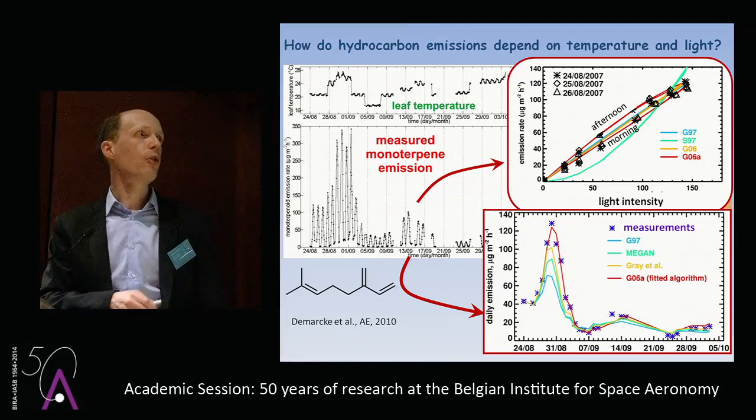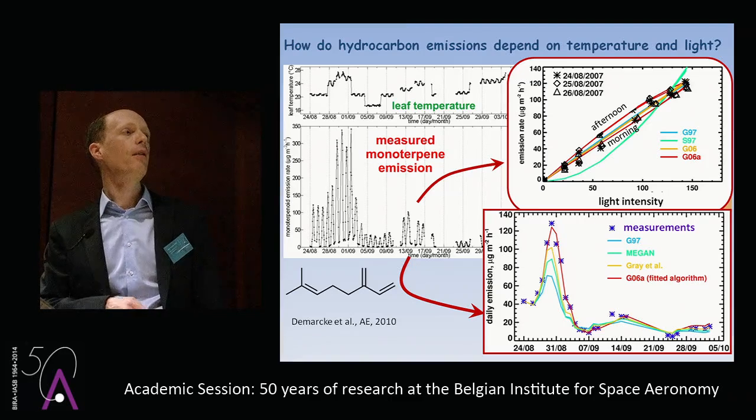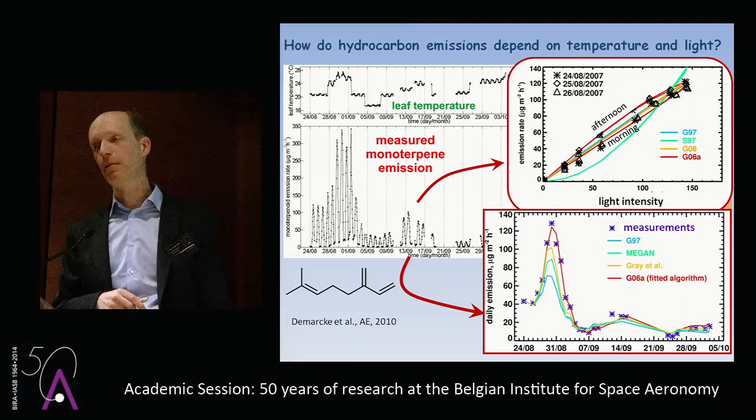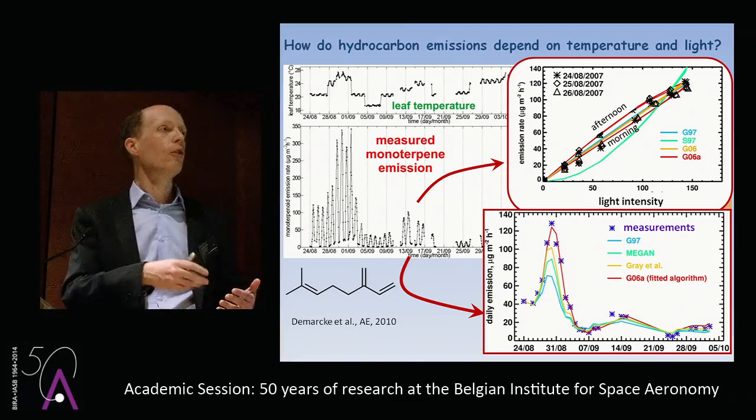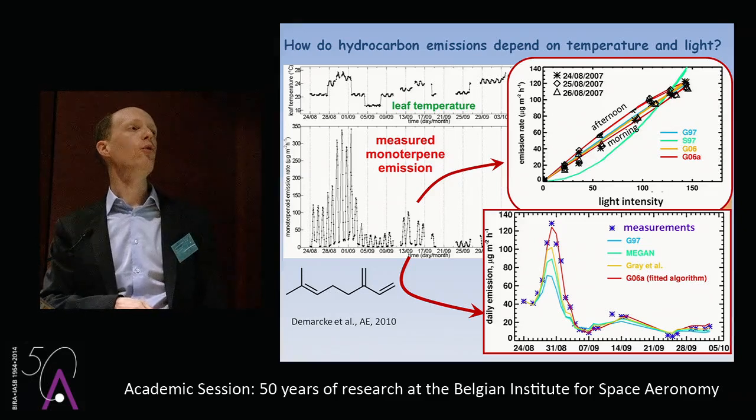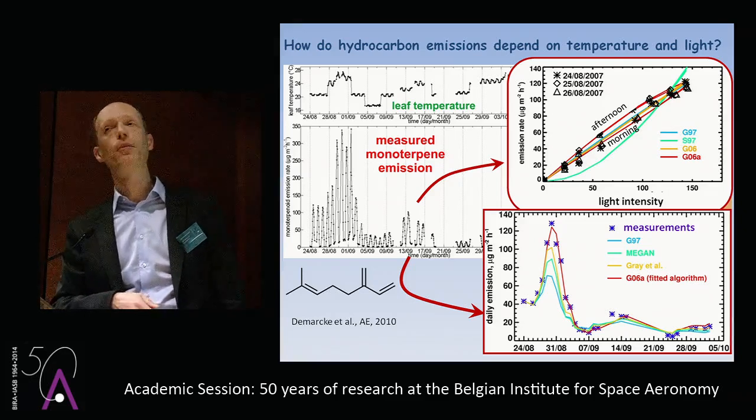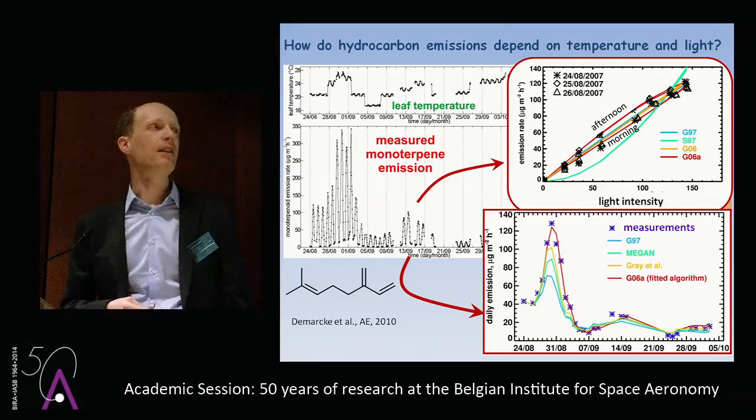On top of that, you have also another effect, which is this very clear decline in the emissions, which means that the more you go into the seasons from summer to autumn, the emission capacity decreases.